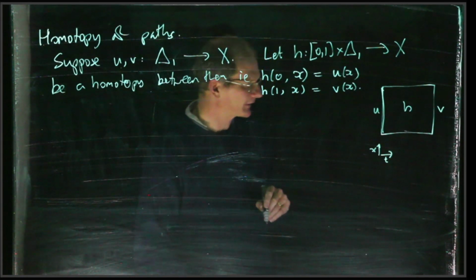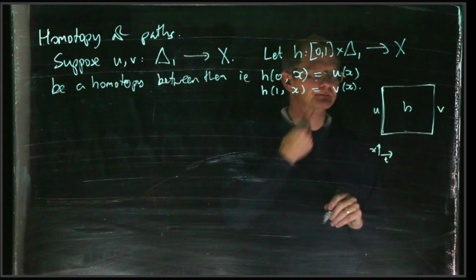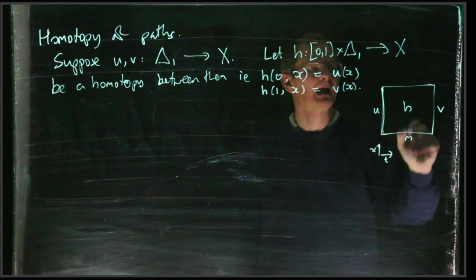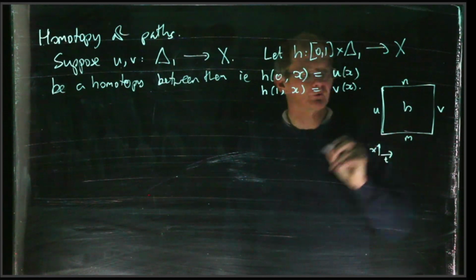But there are also two other paths implicit in this picture. There's the path going along the bottom here, which we could call m, and the path going along the top, which we can call n.